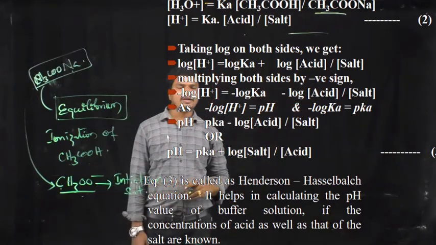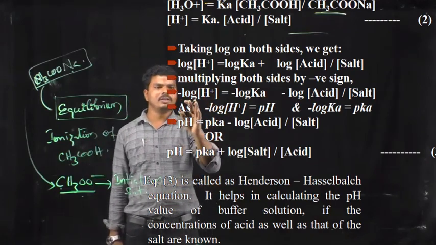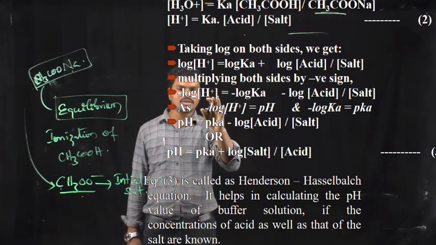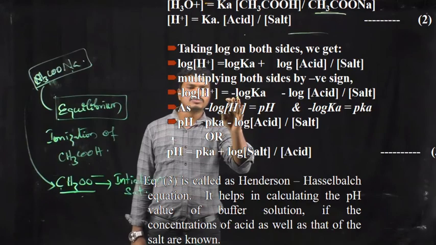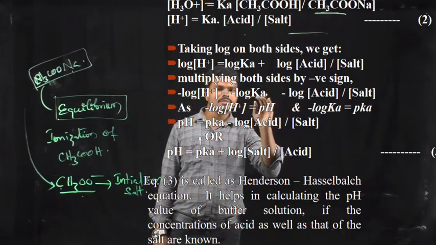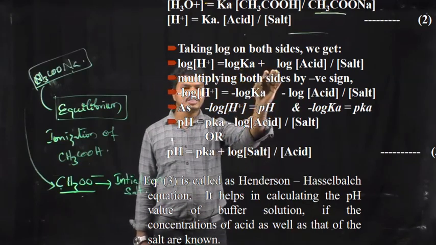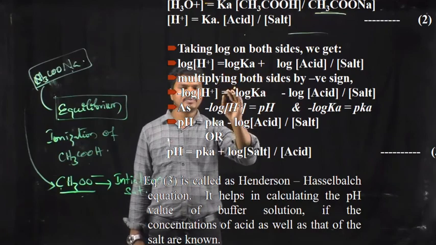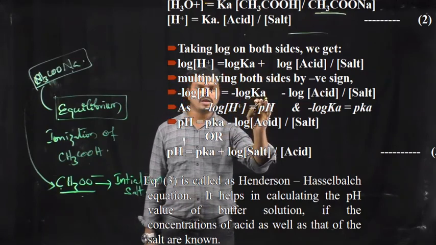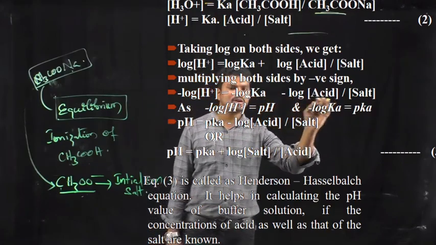Okay, and when you apply the negative sign on both sides of this equation, then we write negative logarithm of H plus ion concentration is equal to negative logarithm of acid dissociation constant minus, why? Because when you multiply all the terms present in this equation with the negative sign, it becomes negative log acid dissociation constant minus log acid concentration divided by the salt concentration.